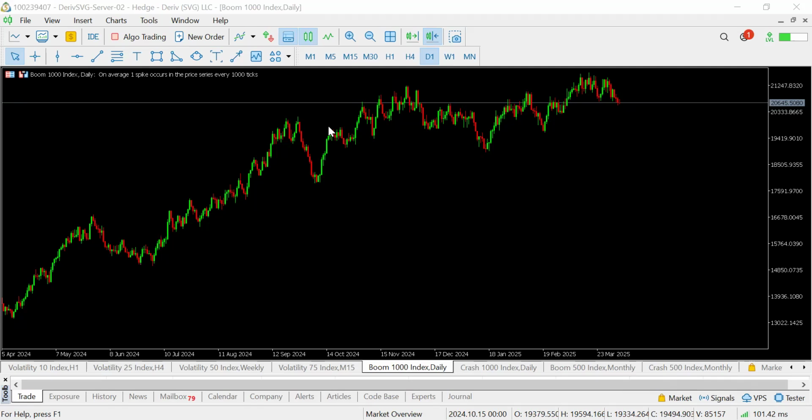And this is the major reason why a lot of people find it difficult to trade these pairs, boom and crash. The crash does the exact opposite of boom. But having that in the back of our minds, it still doesn't mean that you can't trade these pairs or analyze these pairs using your regular top-down analysis.